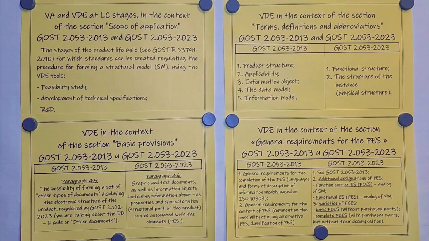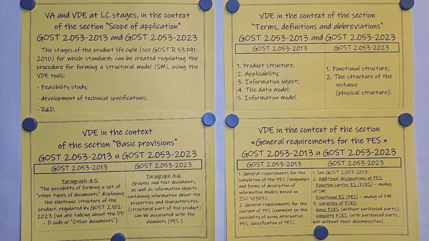Further, in paragraph 6.2, explanations are given about the purpose of functional and constructive product electronic structure, which I will not give verbatim in order to save interest. Listeners can familiarize themselves with them.